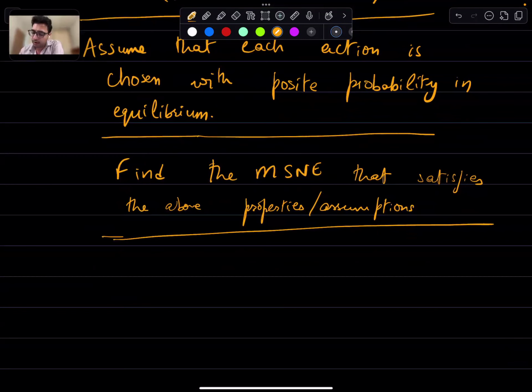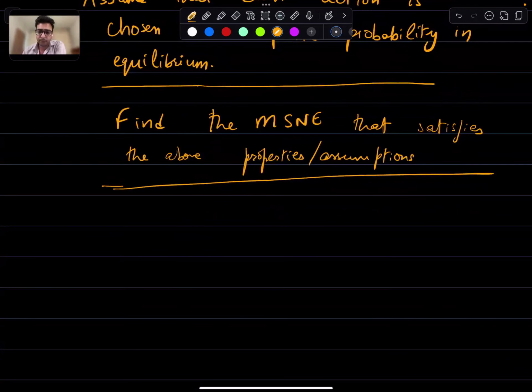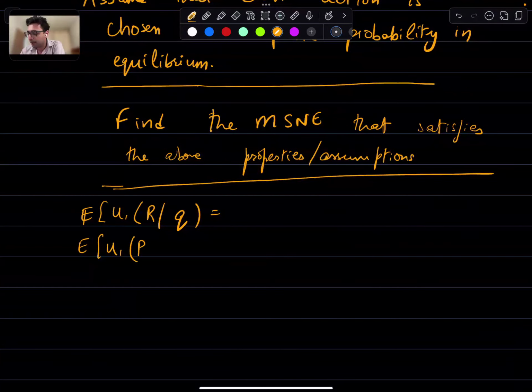First thing we need is expected utilities. So EU1 from rock given the vector Q should equal something. EU1 from paper given the vector Q should equal something.